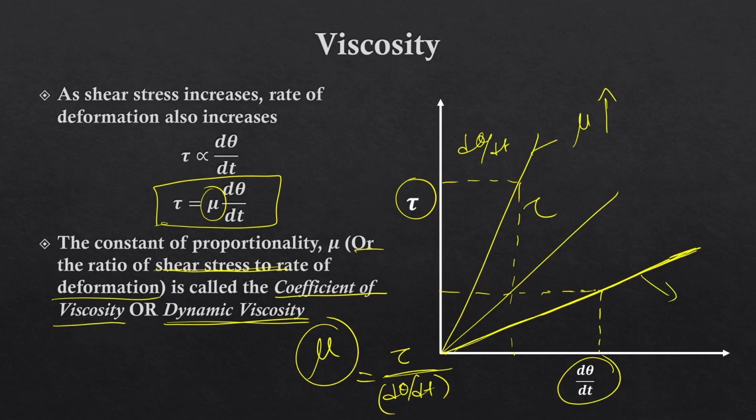And for this curve, tau is smaller, d theta by dt is greater, and therefore mu will be smaller. And for ideal fluid, tau is 0. For any deformation, the shear stress is not even required. So in that case, it will be this horizontal line.